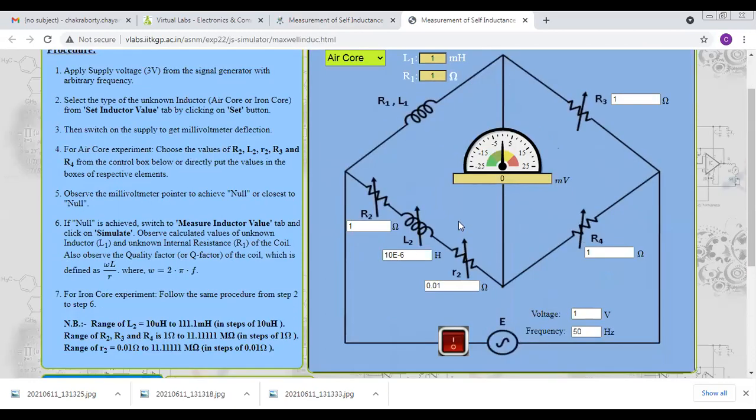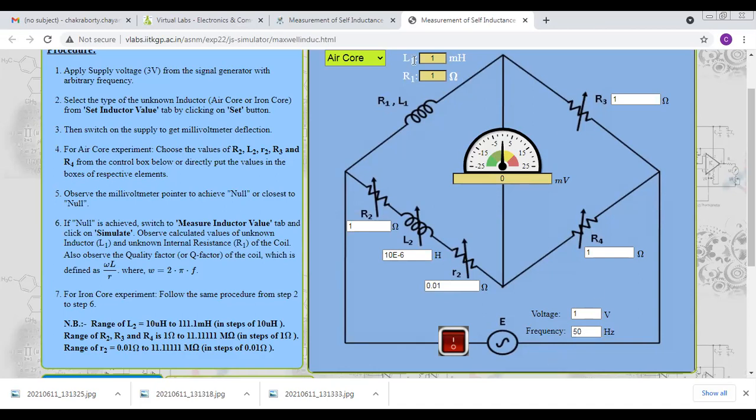Now, one by one, we can step. Look, we have to change this voltage level to the 3 volt range, because the procedure is given here. We can change this voltage from 1 volt to 3 volt range, but we are using 3 volt. And the frequency is arbitrary. You may select 50 hertz, you may select 60 hertz, anyone.